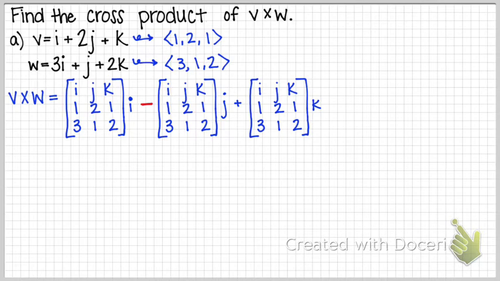In this first one, we want to find I, so we're going to cross out the row and column that I is in. In our second one, we want to find J, so we'll cross out the row and column that J is in. Then the last one, we want to find K, so we'll cross out the row and column that K is in.